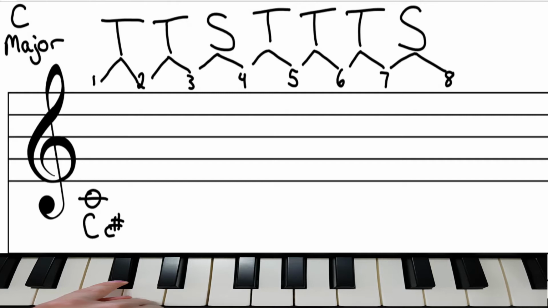But we want a tone, so we need to go one more semitone higher to the next black or white key. Our white key D. Next, we're moving on to our second tone of the scale.